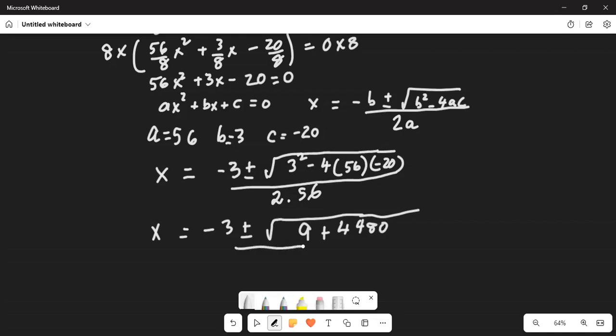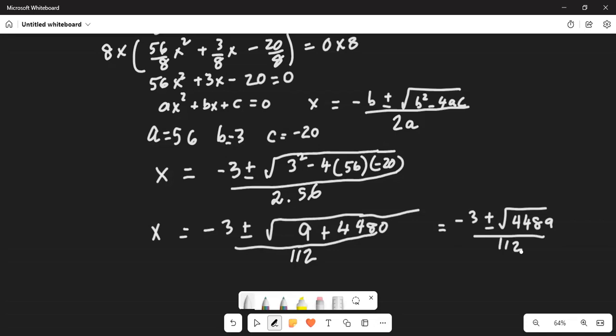And that is divided by 2 times 56, which is 112. If you use your calculator again, you have minus 3 plus or minus the square root of 4489 divided by 112.